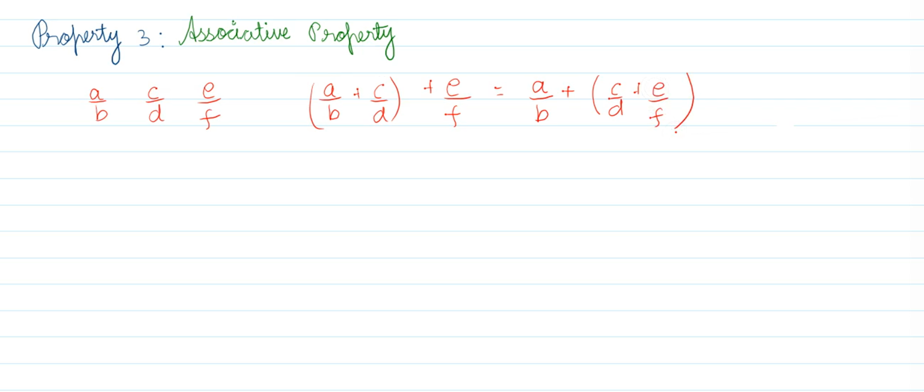So that is, while adding three or more rational numbers, they can be grouped in any order. So even if the grouping changes, you are going to get the same sum.